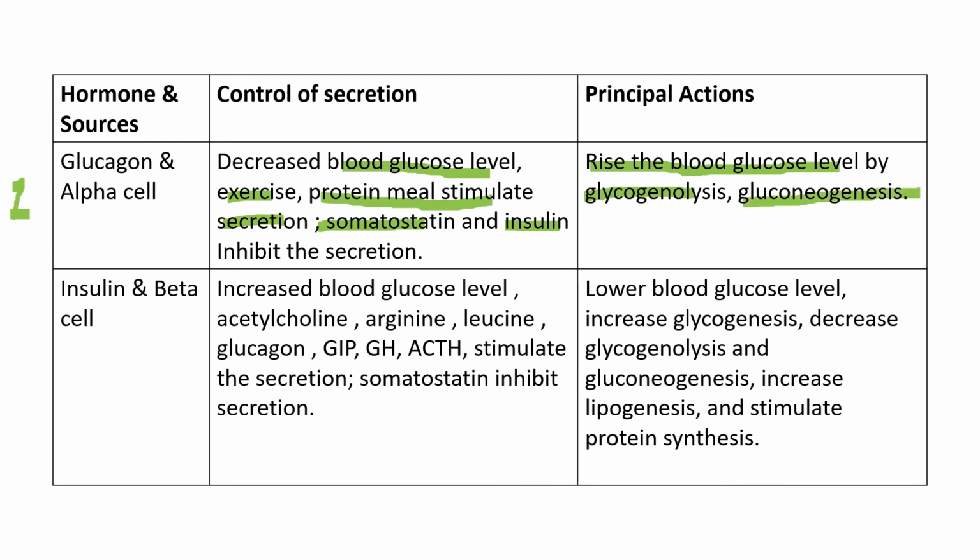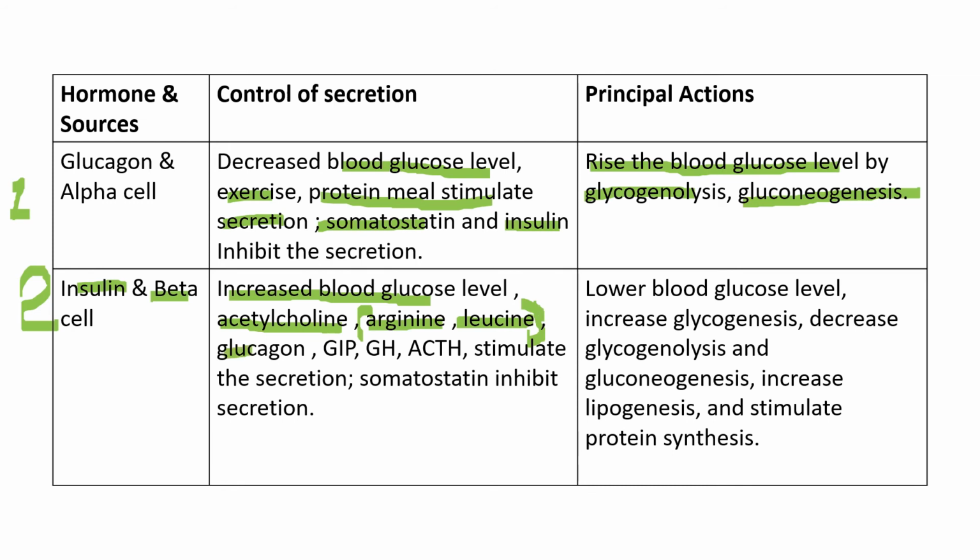The second hormone is insulin, which is secreted by the beta cell. Its secretion is controlled by the blood glucose level, and it is also stimulated by acetylcholine and the amino acids arginine and leucine. Glucagon also controls the secretion of insulin.